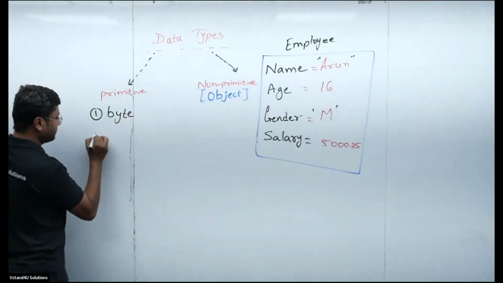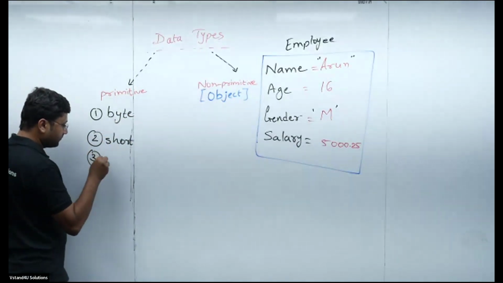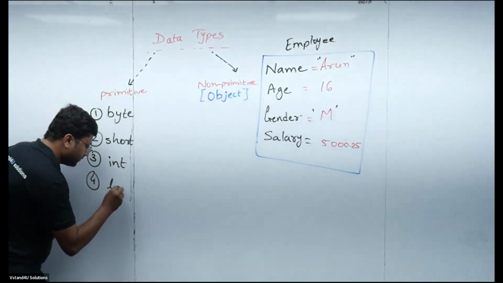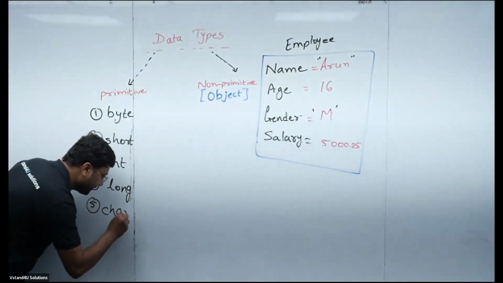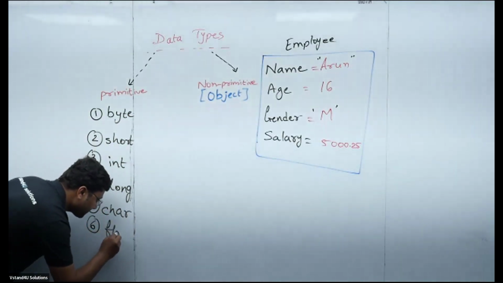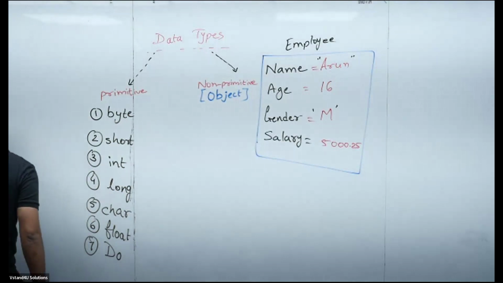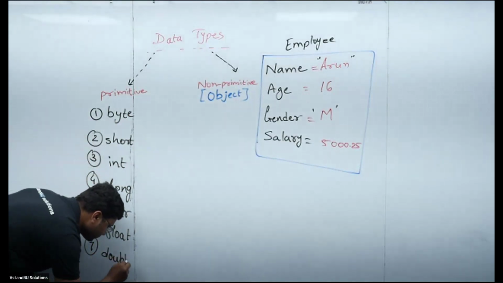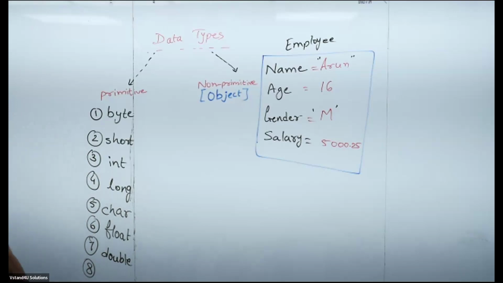Byte, short, int, long, char, float, double, boolean.